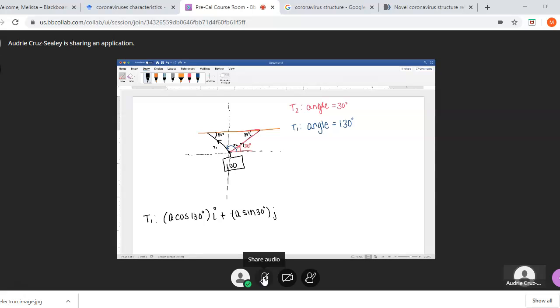Bye. Okay. A sine of 130 j. So that's T1. And then for T2, it's obviously not the same length, so I'm going to call that B cosine of 30 for the i component plus B sine of 30 j.